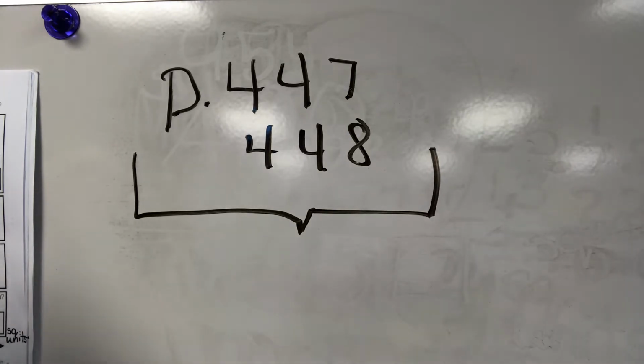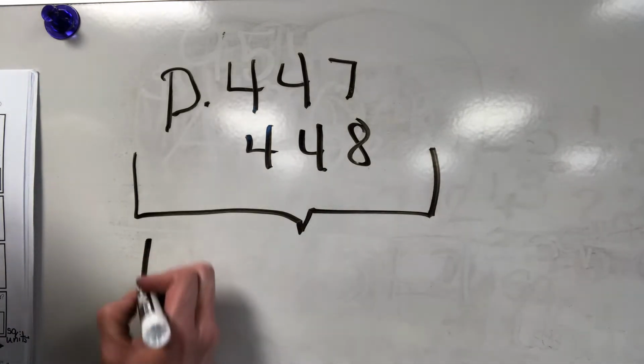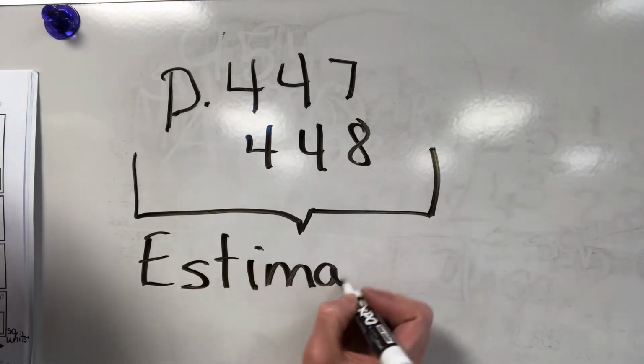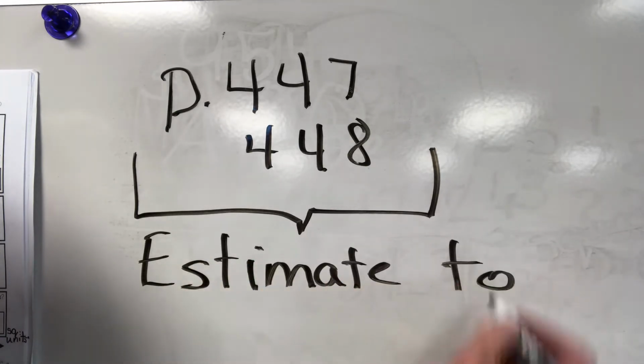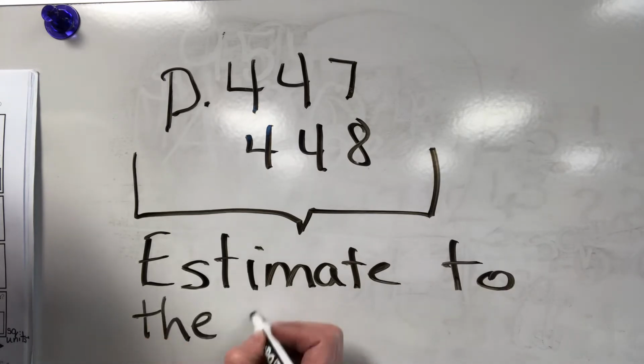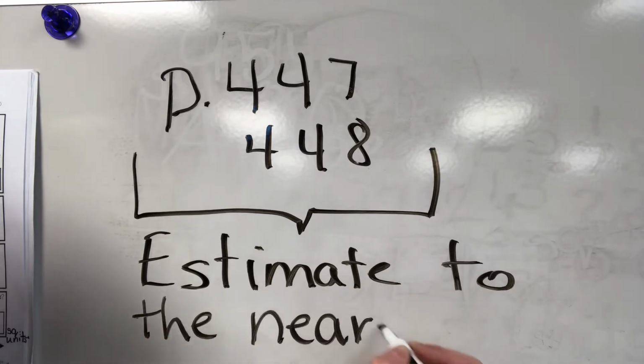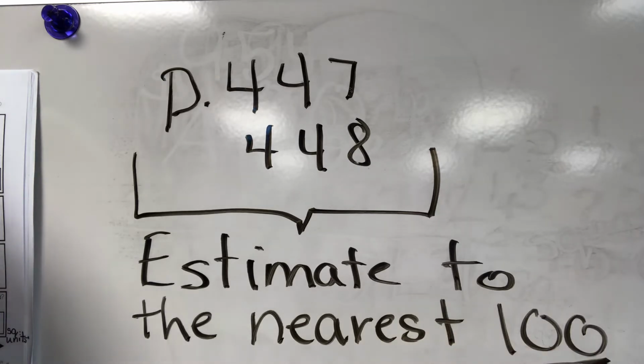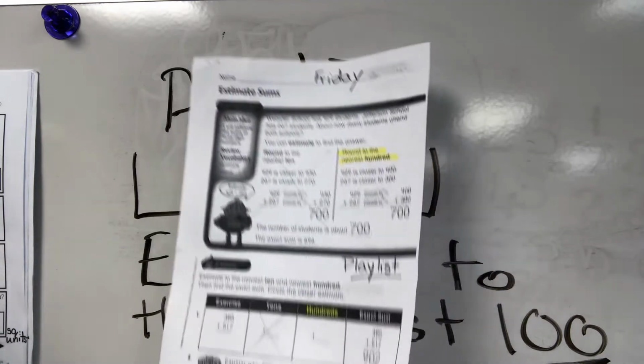We're only going to estimate to the nearest 100. We're not going to estimate to the nearest 10 and then to the nearest hundred. That sounds super confusing to me.